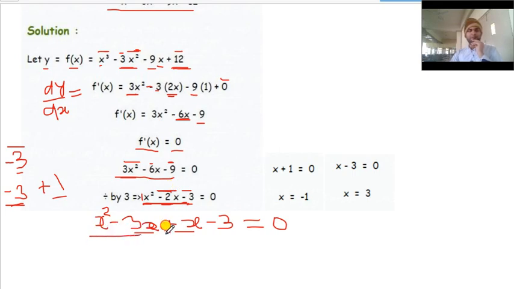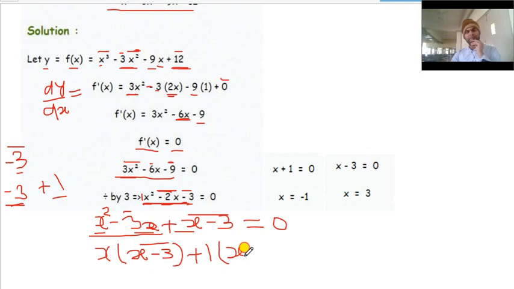From the first two terms we take x common, and here only x minus 3 is remaining. So from here, x minus 3 is similar to this one, and only plus 1 we take common, so in the bracket x minus 3 will come.